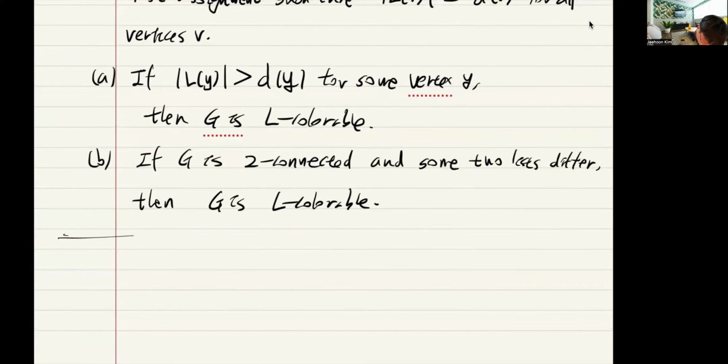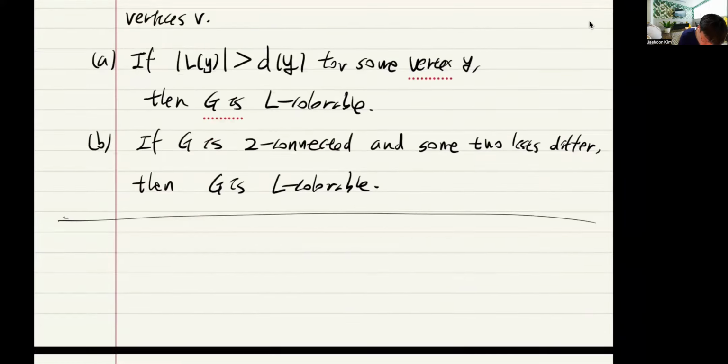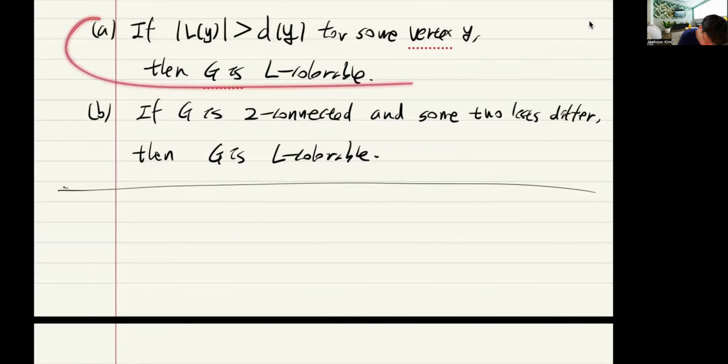These two will be useful. So let's prove the first one. If we have one vertex which is bigger, then we can prove that this is L colorable.